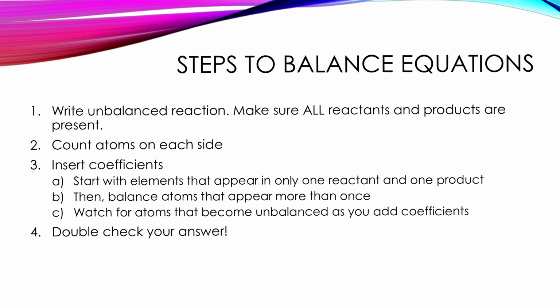So what we're going to be doing is counting to make sure we have the same number of atoms on each side of the chemical reactions. And here are some hints at how to do this. And until you become a master in chemistry, or until you get your degree in chemistry, we want to go through these steps every single time, because it's what's going to make sure your answers are correct.